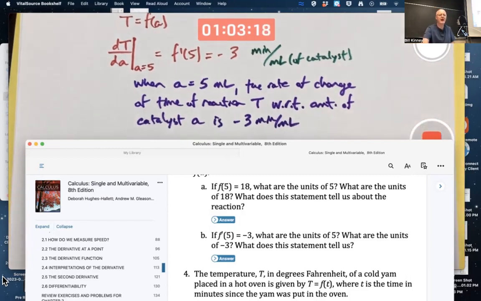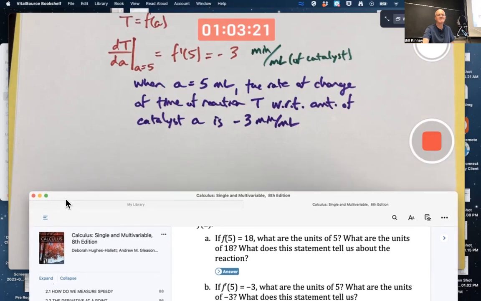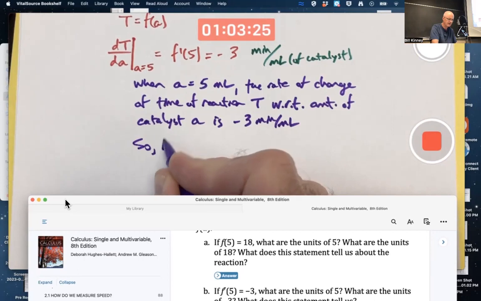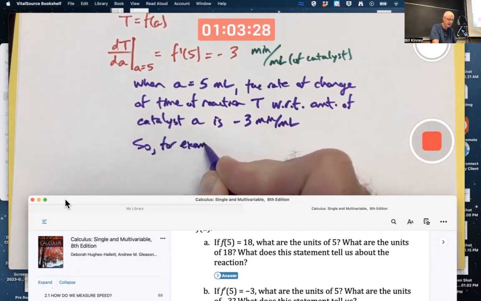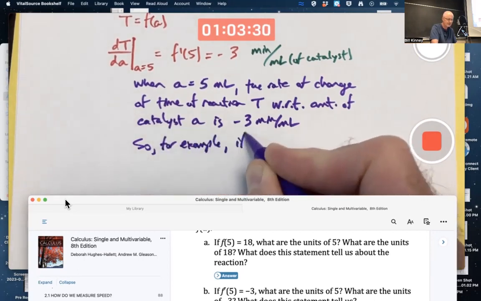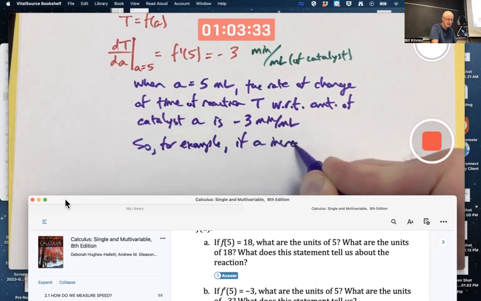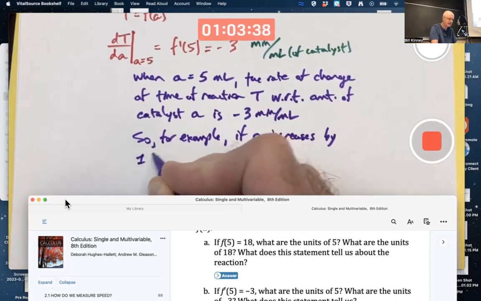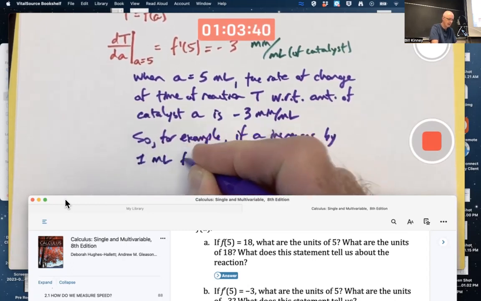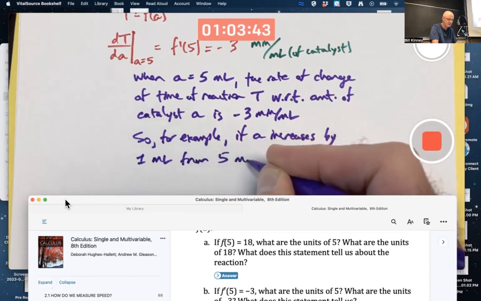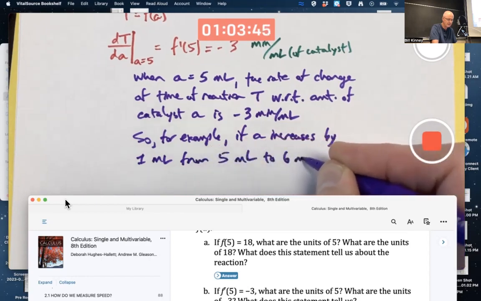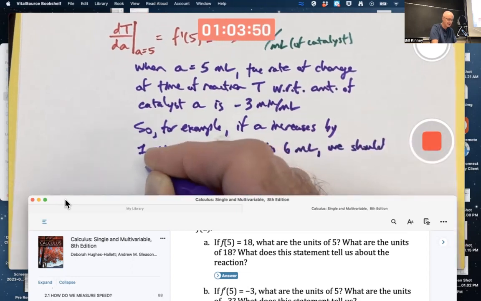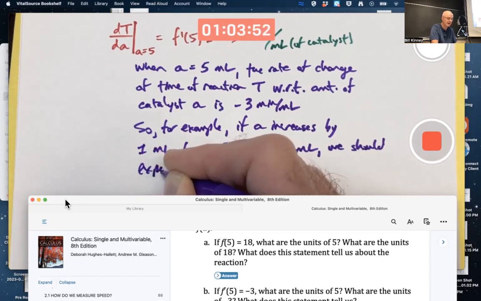But you really shouldn't stop there. You should really say, so, for example, if a increases by 1 milliliter in this case, from 5 milliliters to 6 milliliters, we should expect the time of reaction to go down by about 3 minutes.